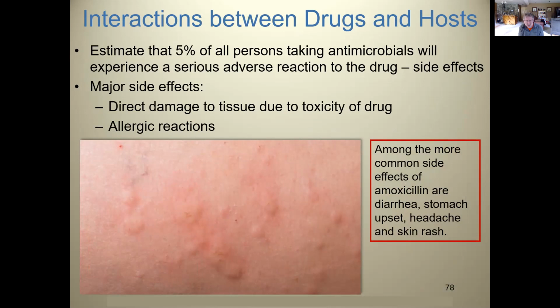Diarrhea is not uncommon because you're affecting the microbiota of the digestive system. If you know you're allergic to certain antibiotics, you of course tell your physician that, and we don't prescribe you those particular drugs. But sometimes you don't know that until you're a kid and you take an antibiotic, and you have this allergic reaction to it. So we still steer clear of those.